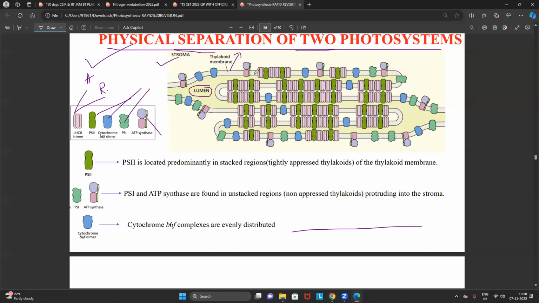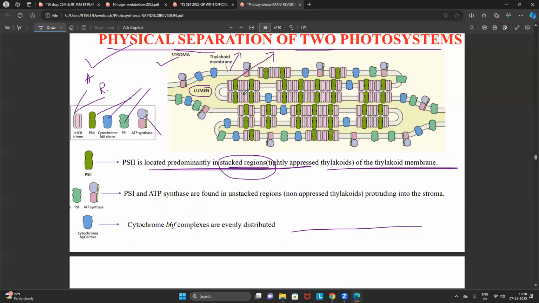Now, if you look into the diagram very, very clearly, the light green one, what is that? It is the PS2. Now, look into the picture to see where exactly the PS2 is located. All of you pay attention. PS2 is located predominantly in the stacked regions of the thylakoid membrane. So what is the meaning of a stacked region?